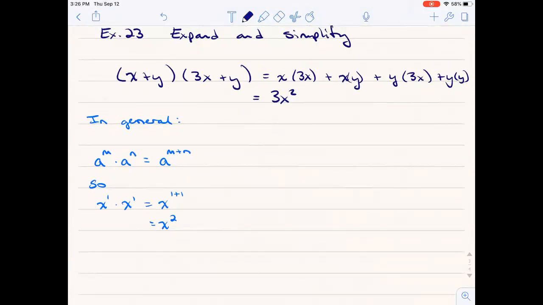So we've got 3x squared plus xy plus 3xy. I rearranged it because I know I'm going to collect those terms, the xy and the 3xy, plus y squared, right? Y times y is y squared.